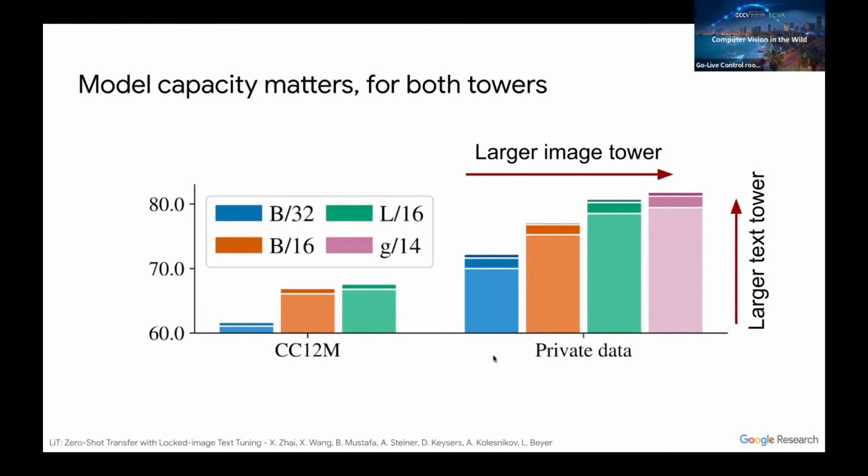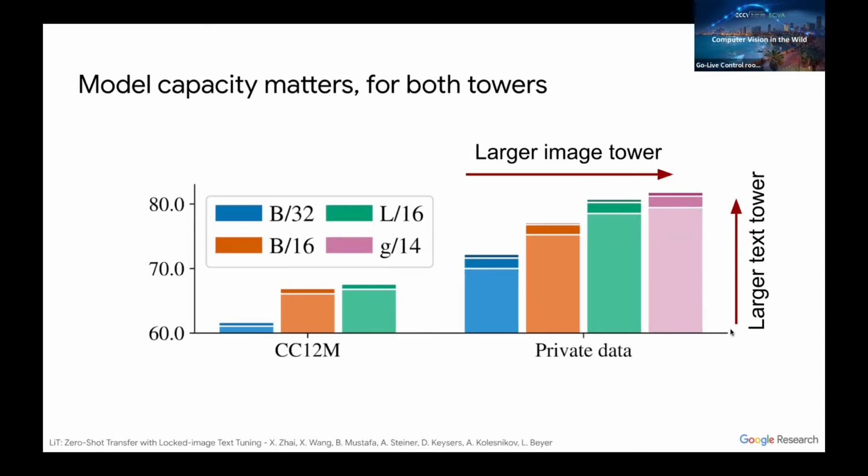This plot shows the impact of the scale for both the image tower and the text tower. From the x-axis, you see that going from the smaller image tower to the bigger image tower, one observes a big jump, especially on the smaller scale. And going to the larger scale side is actually getting saturating performance.